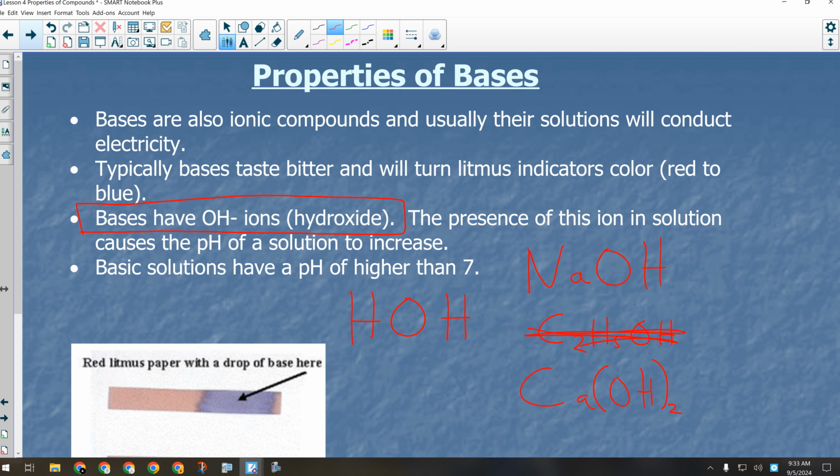Alright. Okay. In fact, you have to be careful when you're making the solutions of these things because they dissociate. They come apart so quickly that they actually release a lot of thermal energy. Okay. So when I'm making a solution of acid for this lab, okay, I have a fair amount of water and I slowly add the acid to it because water can absorb that energy pretty quickly and pretty well. Okay.